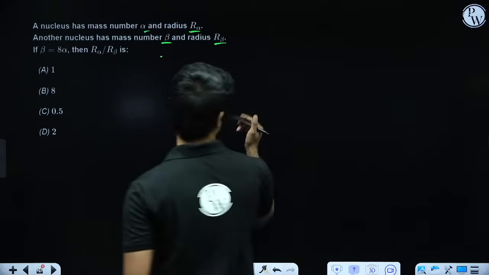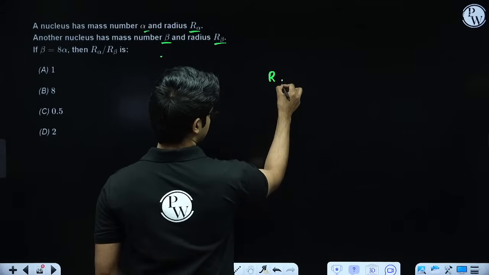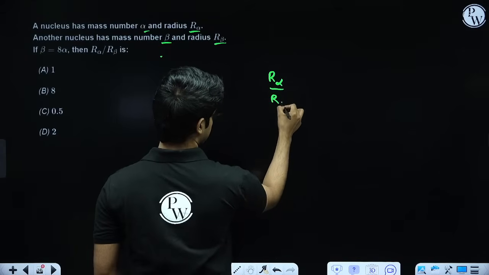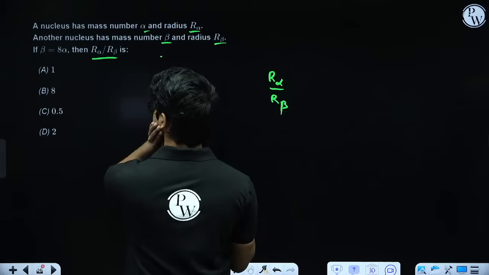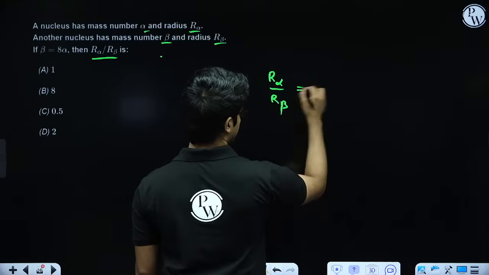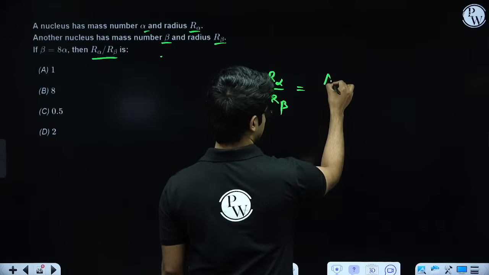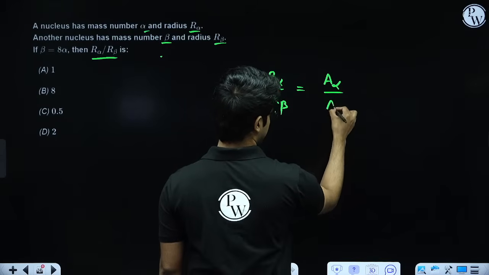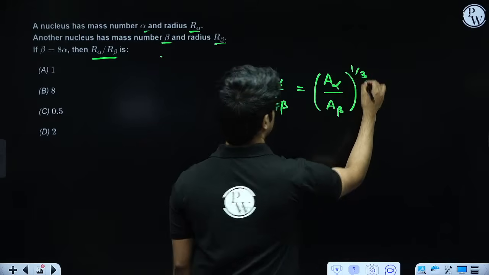This is the same formula that we saw earlier. The radius of alpha over radius of beta, which is what we need, is proportional to the mass number to the power 1 by 3. So this will be A alpha divided by A beta raised to the power of 1 by 3.